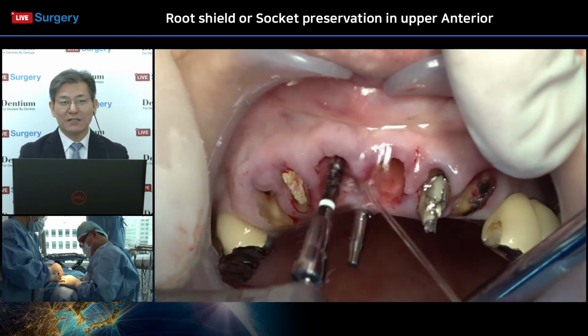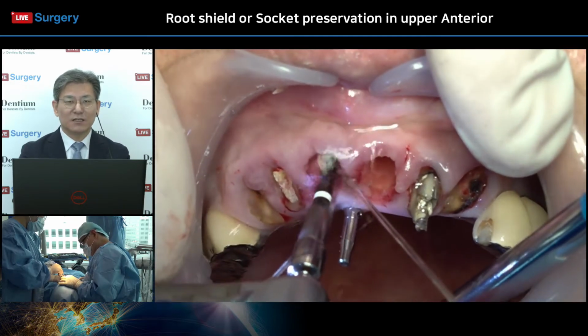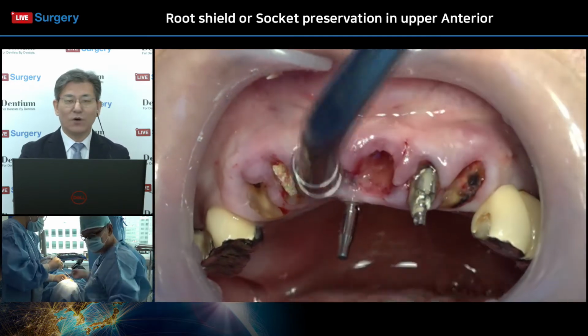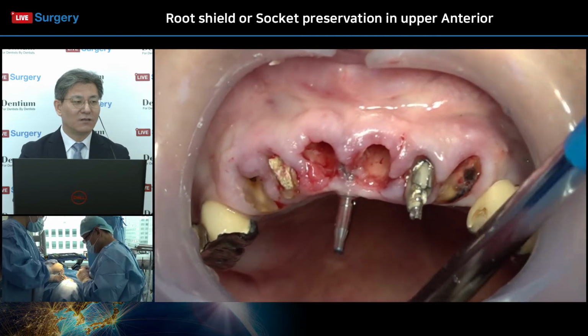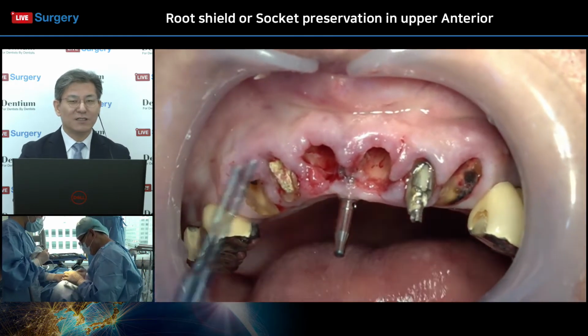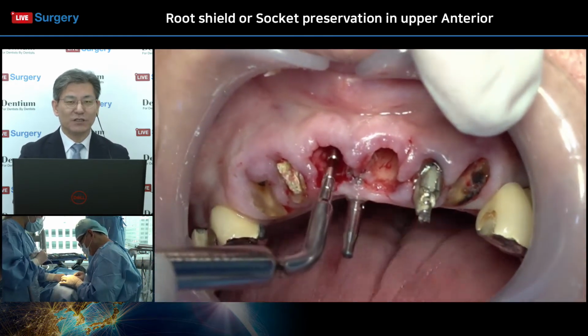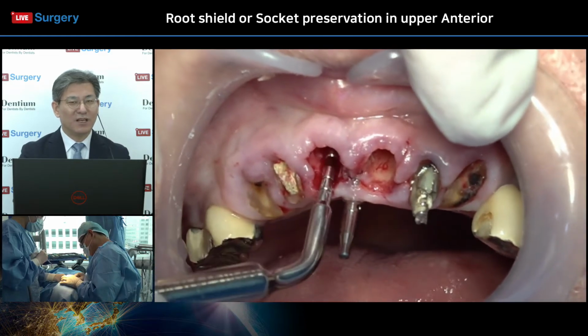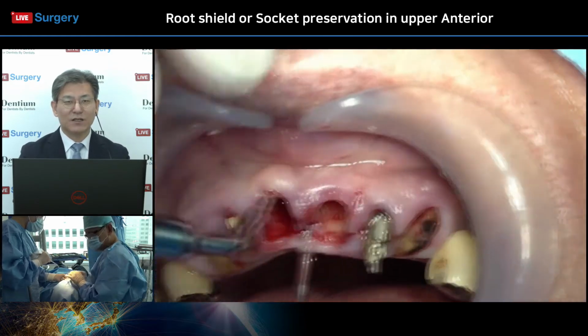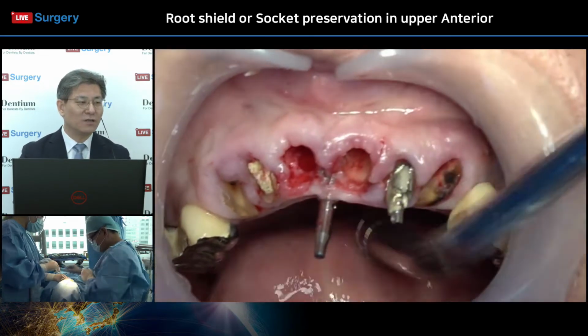So where is the insertion, the starting point? How can we measure the entry point for the drill? There are many different kinds of methods to measure the entry point.